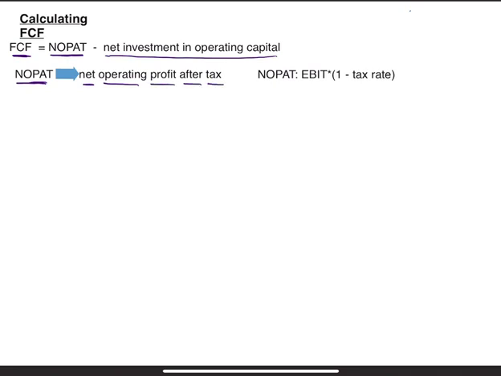Okay, so calculating NOPAT is EBIT times 1 minus the tax rate. Okay, this right here, the NOPAT information, will come from the income statement. And it's considered operating income.